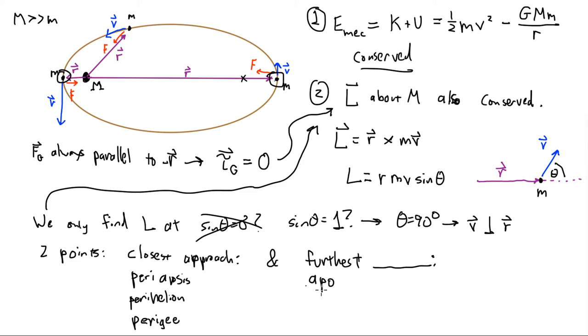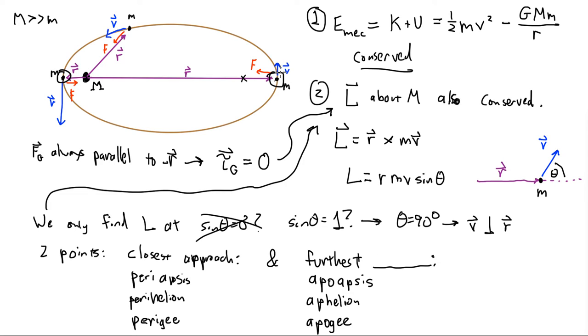So apo means furthest, where peri means closest. You can use the same suffixes. So apoapsis is the general one for any orbit. Furthest from the sun is called aphelion, and furthest from the Earth is called apogee. But again, the really important things to remember are apo and peri.